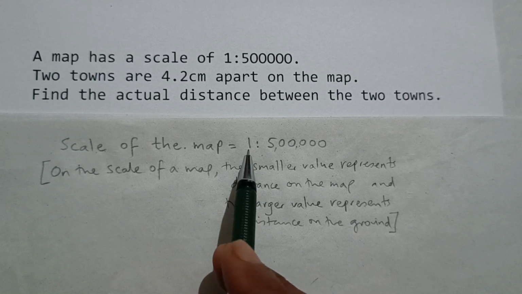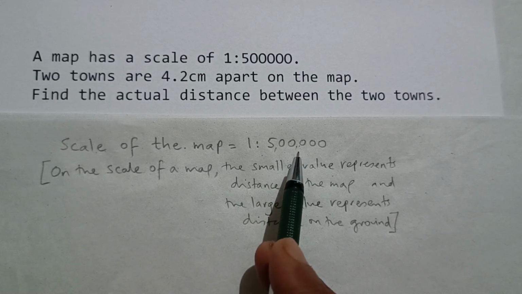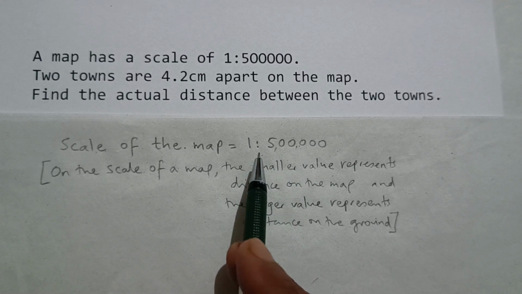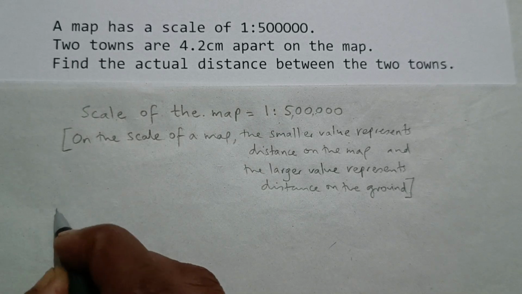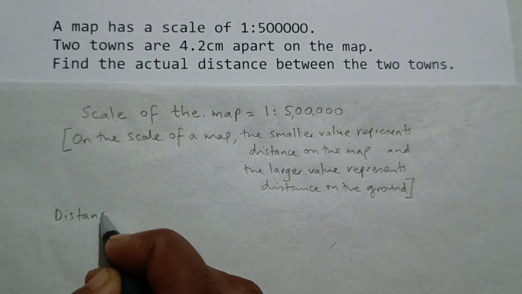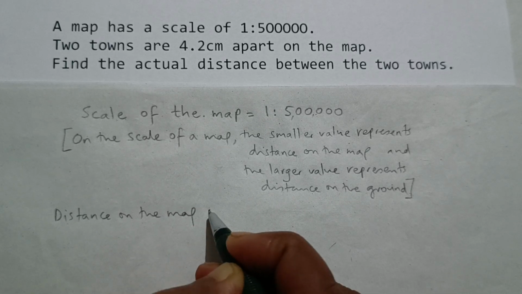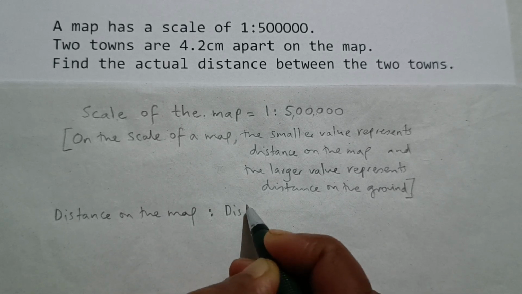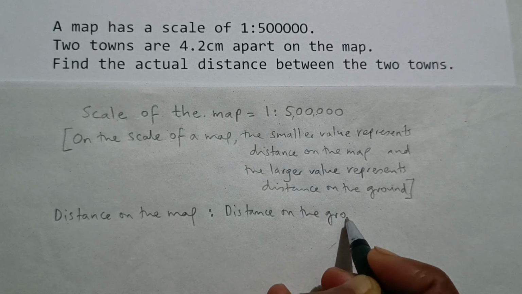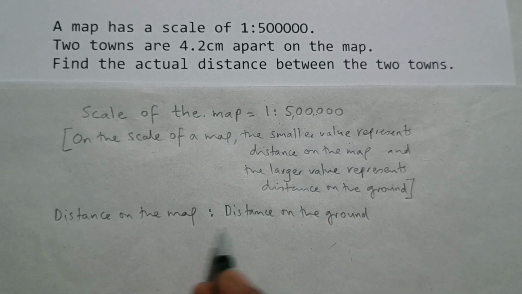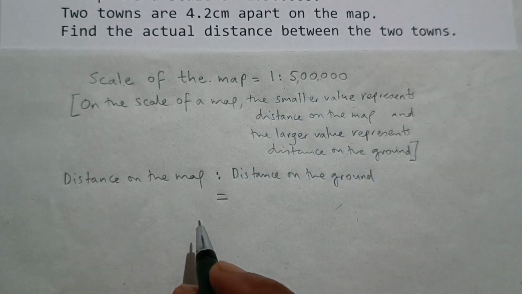So I can say that distance on the map is to distance on the ground is 1:5 lakh. So from here I can now say that distance on the map is to distance on the ground, this ratio is equal to 1:5 lakh.